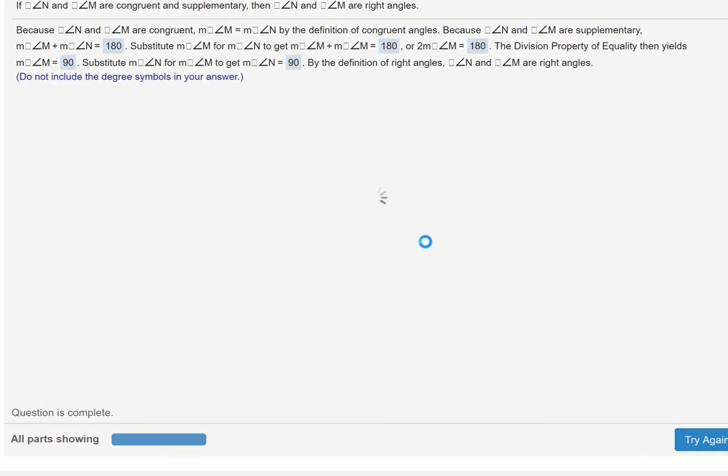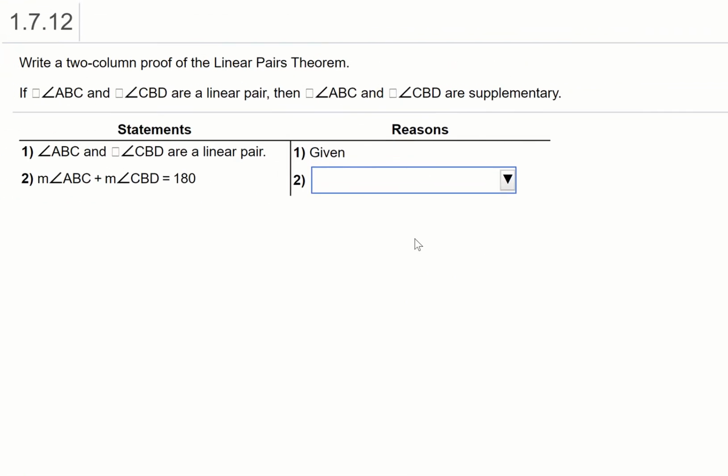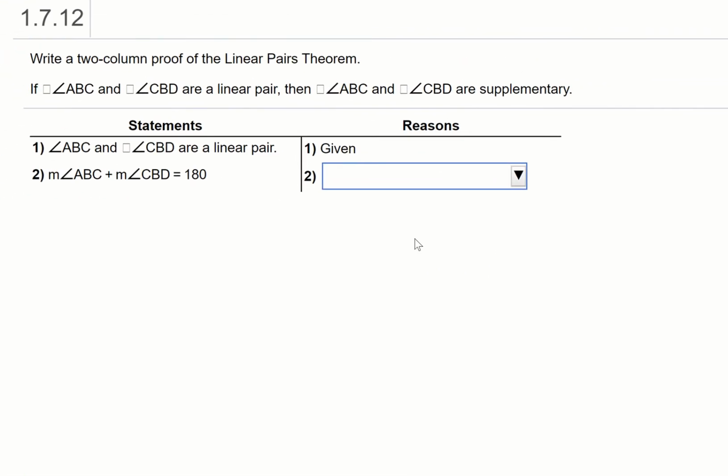So let's look at the next question. It says, write a 2-column proof of the linear pairs theorem. What we want to do is, well, we have 2 angles, ABC and CBD. They're a linear pair.